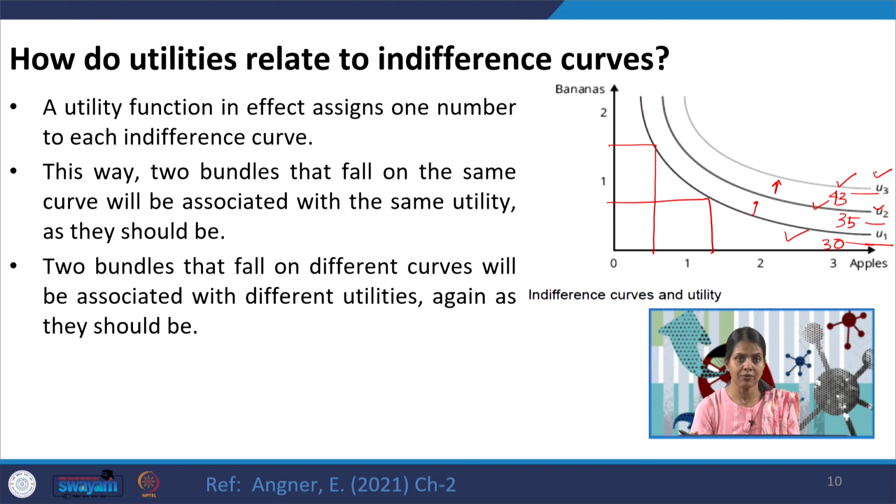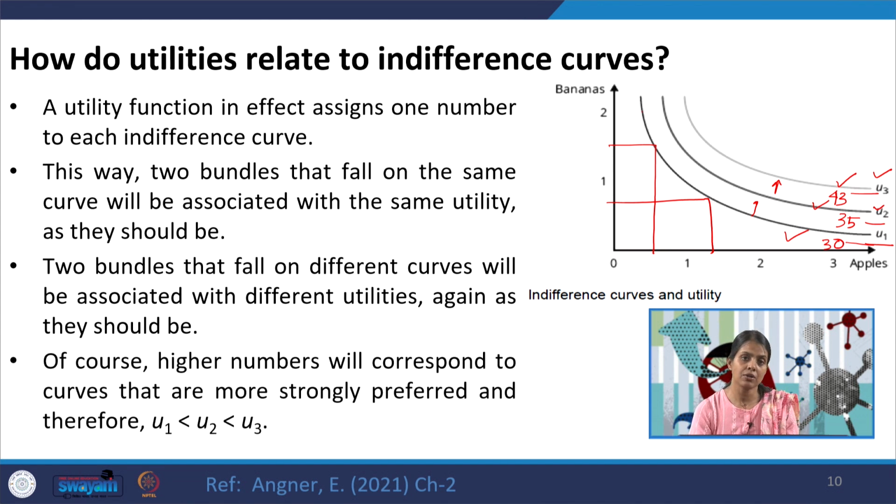Two bundles that fall on different curves will be associated with different utilities again as they should be. Of course, higher numbers will correspond to curves that are more strongly preferred, and therefore, we have U1 less preferred to U2, less preferred to U3, as the numbers would also suggest that 30 is less than 35, then less than 43.